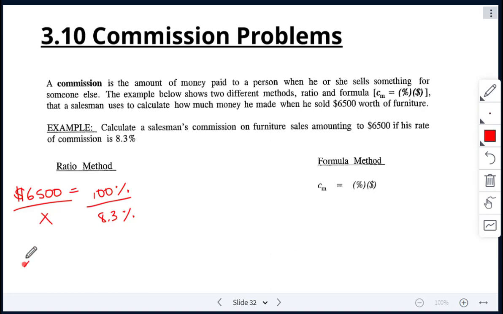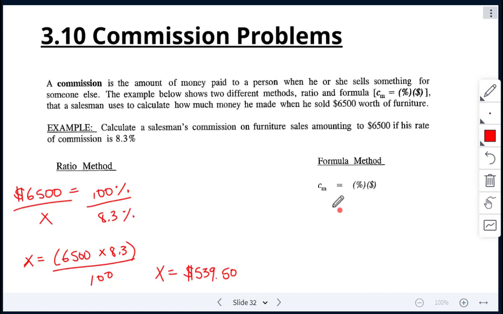You can just use the ratio method that we used in algebra, the cross multiplication method. So we're going to multiply 6,500 times the 8.3, and then we're dividing by 100. You just put that into your calculator, and we get x is equal to $539.50. So that is his commission for selling furniture costing $6,500.